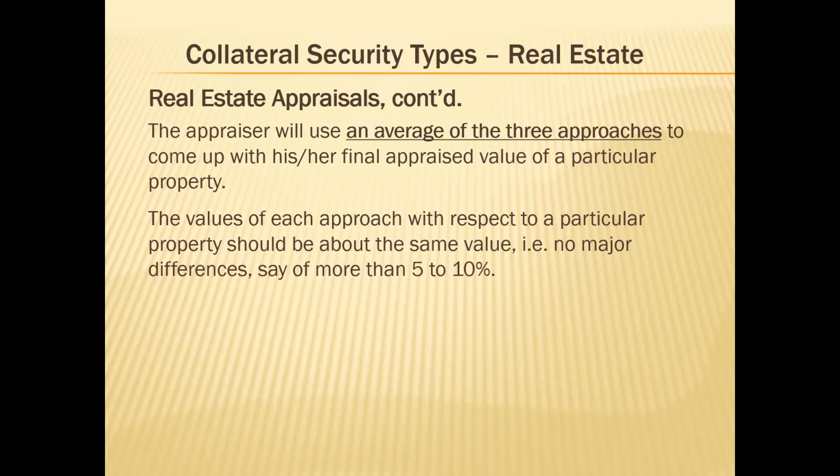Okay, now where you find that there's a big discrepancy, I would say, when you're looking at more than 10%, say 15 or 20%, then something is wrong with one of those methods. Something is wrong, if there's a great big disparity. All right.